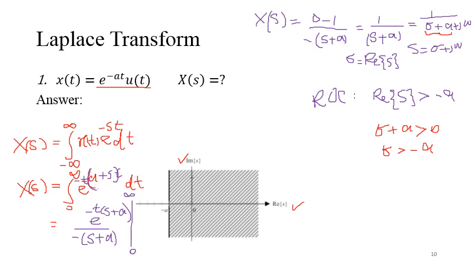So if we look at the x-axis first, for all values where sigma is greater than minus a, so for example this is the minus a part, in case a is negative it will be here. Or in case it is positive, I leave it to you.